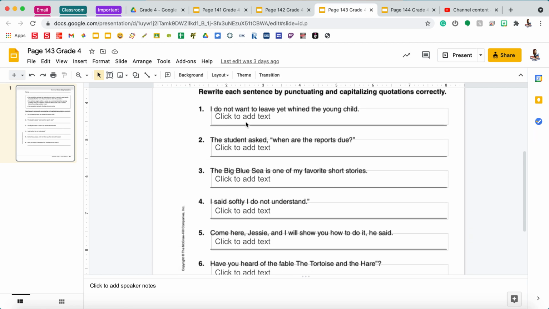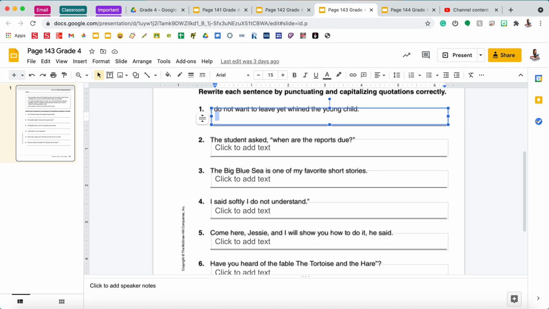Let's take a look at number 1. We need to rewrite each sentence by punctuating and capitalizing quotations correctly. I do not want to leave yet, whined the young child. I know that the child is talking here, and the child is saying, I do not want to leave yet.